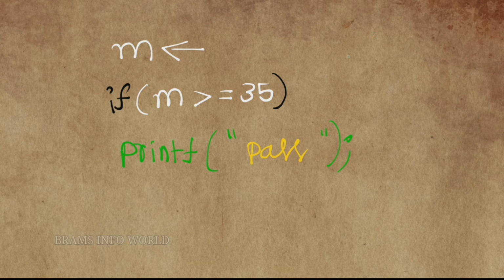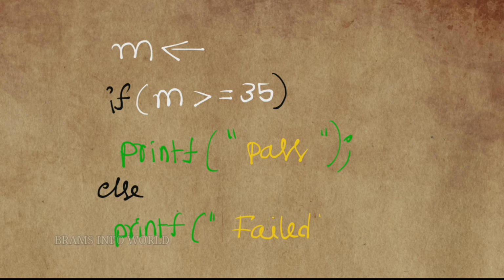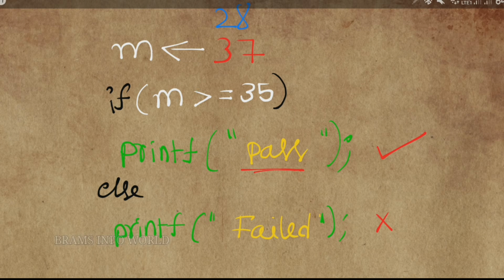Otherwise we define else printf in double quotations failed. So if you get more than 35, you are going to pass, otherwise you are going to fail. If the m value is more than 35, like 37, this is going to be executed. If the m value is like 28, this is going to be executed. So this is the information about the if else statement.